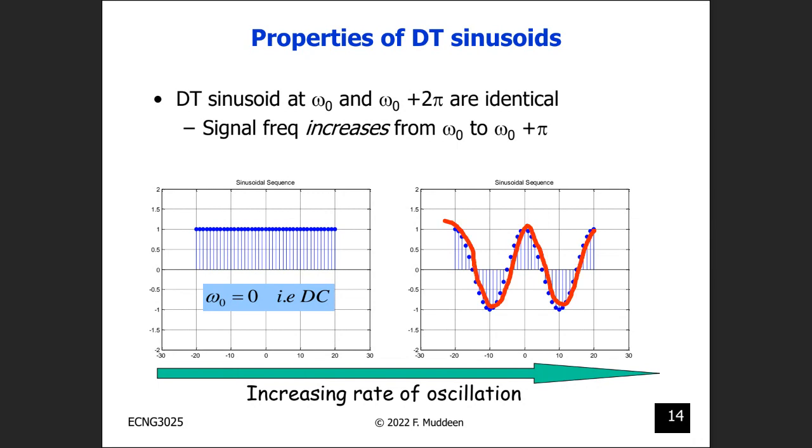The envelope, ignore. You're not interested in the envelopes at all when you're dealing with a discrete time sinusoid. What you're interested in are the points. Forget all the envelopes. In your mind, your eye is telling you, okay, that's looking like a cosine. Fine. But we don't care about that.